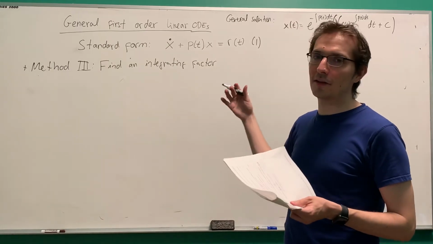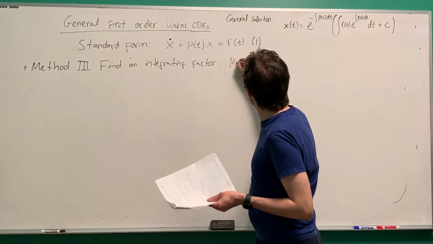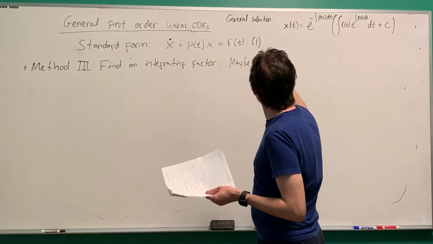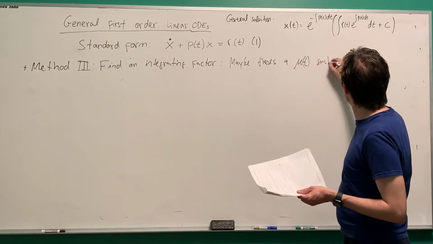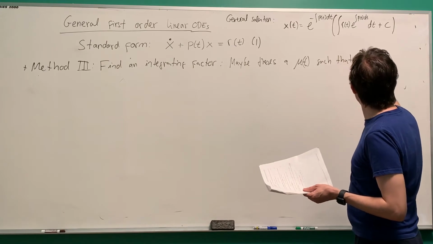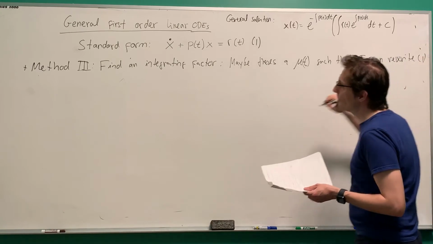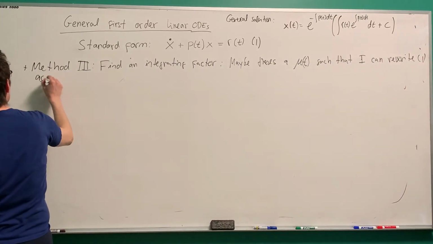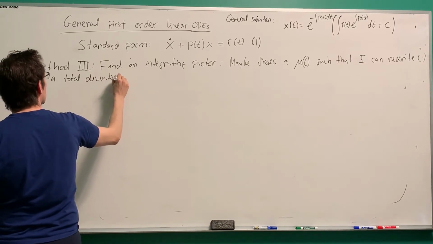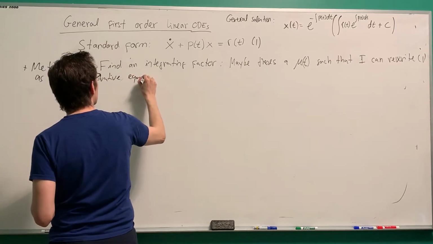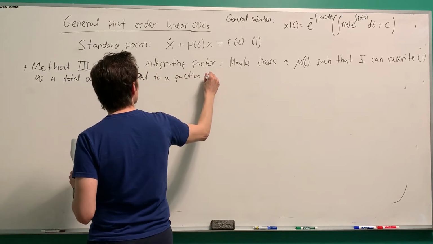What I mean by find an integrating factor is, maybe there is a mu of t such that I can rewrite equation 1 as a total derivative equal to a function of t.